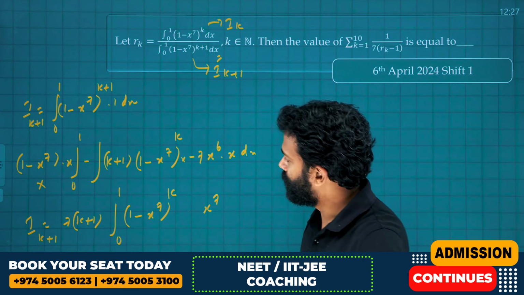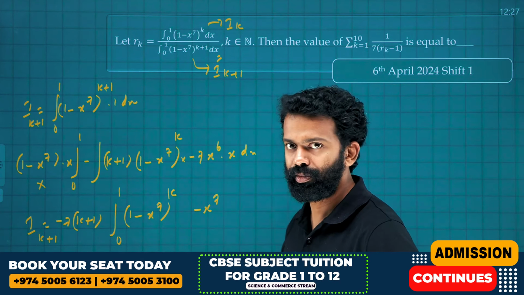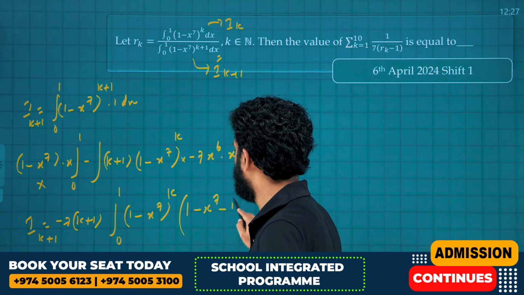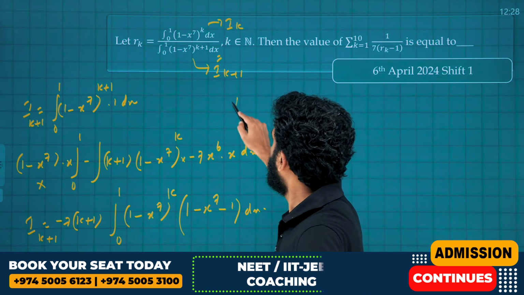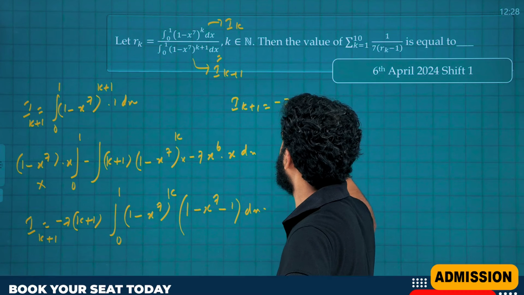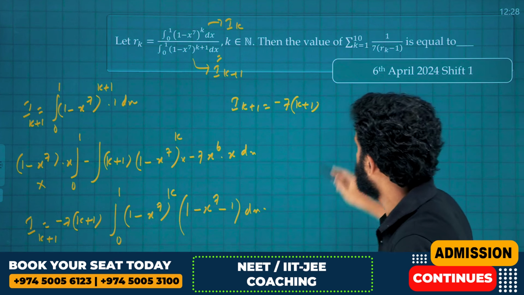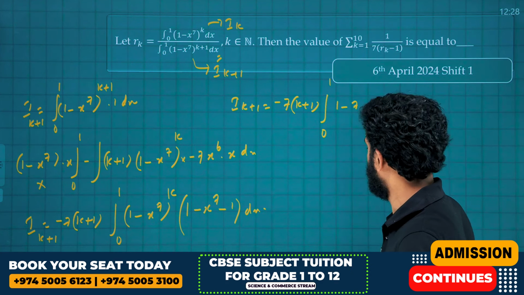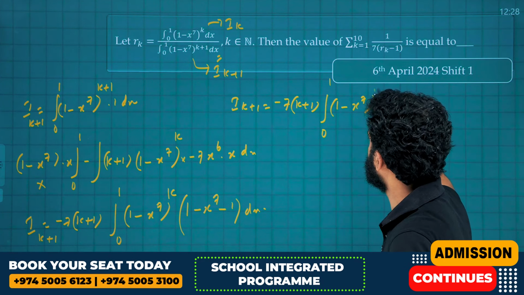It is a familiar integration actually. I am multiplying here and here with minus, and putting a bracket over here, adding 1 and subtracting 1. Open the bracket, I k plus 1 is equal to minus 7 into k plus 1 into the integral from 0 to 1 of (1 minus x raised to 7) raised to k plus 1.